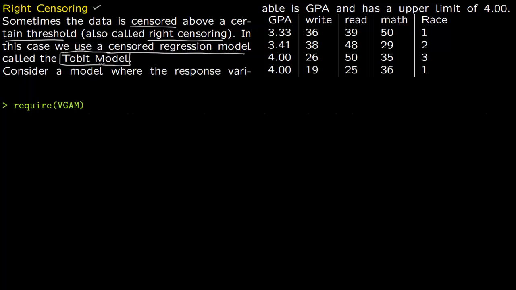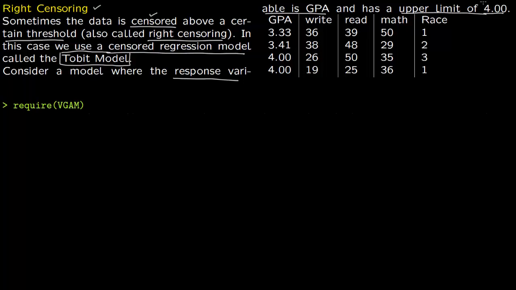Let us see an example and understand what right censoring means. Right censoring means you have the data censored above a certain threshold. For example, you have a model where the response variable is GPA, and this GPA has an upper limit of 4. There is no information about GPA above 4.